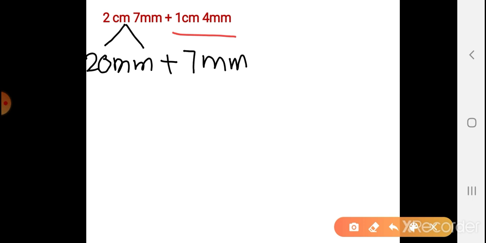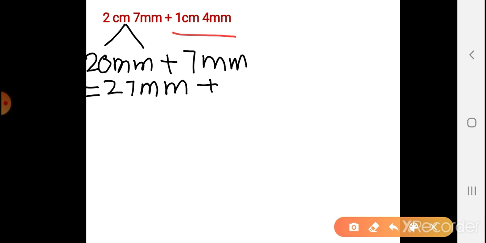The first thing you have to do is convert centimeters into millimeters. We have 2 centimeters, so 2 centimeters converted to millimeters is 20 millimeters. 7 millimeters would be the same. If we add 20 millimeters and 7 millimeters, we get 27 millimeters.